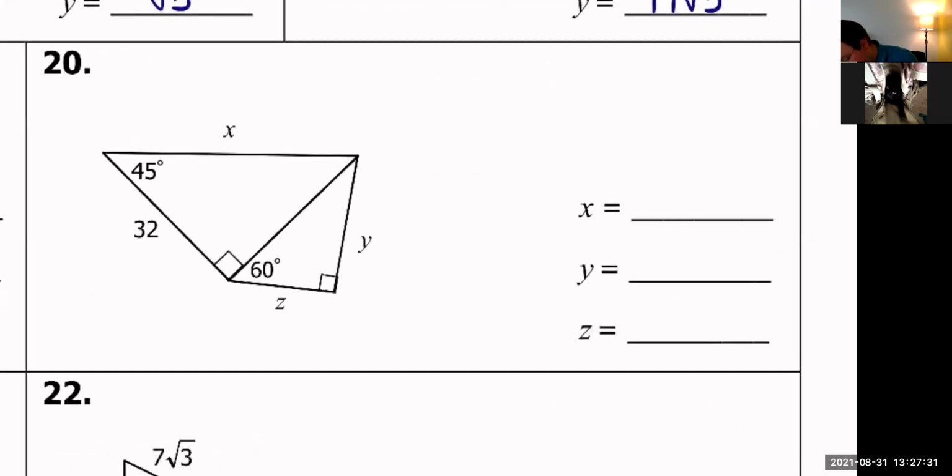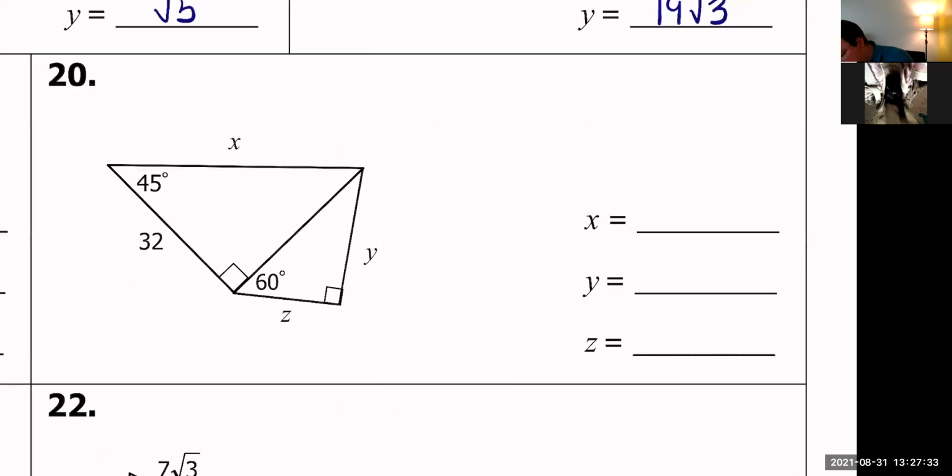So number 20, we have to be careful here because I have 2 special right triangles. I want to make sure I'm careful in how I label them. In this one, I see X. I'm going to label my 45, 45, 90 in blue. My X in that 45, 45, 90, is that a leg or a hypotenuse?